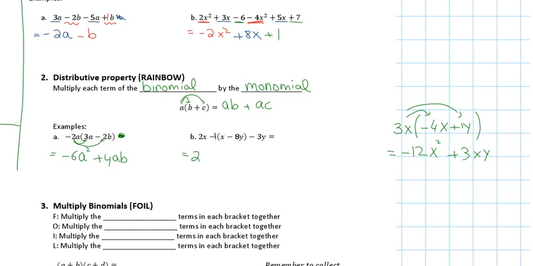That 2x is just there, and it's subtracted by this. Okay? So I have 2x. That negative 1 is going to multiply by the x. What does that give me? Minus x. And then when I multiply this by this, what do I get? Plus 8y. And then minus 3y. This is just subtracted, okay? Nothing's happening to that one.